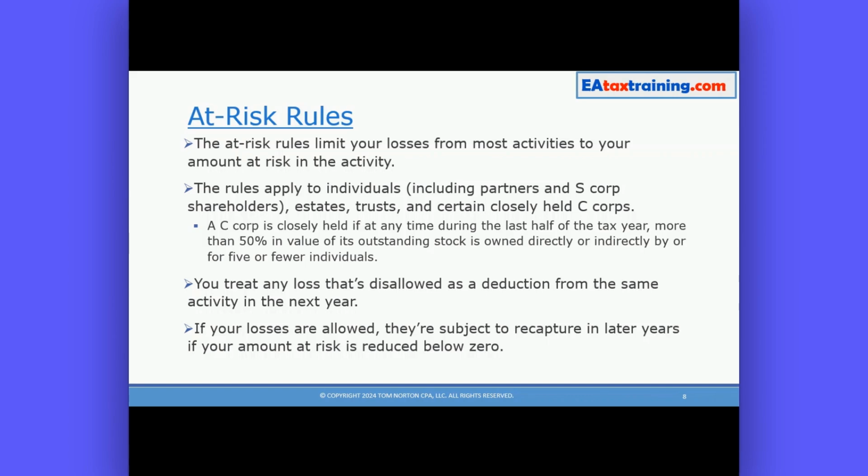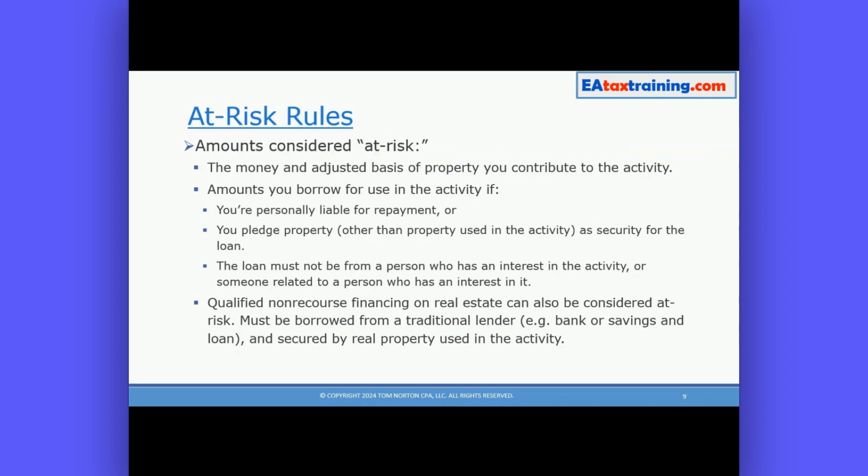But now, let's say next year, you have a loss and there's more loss than the amount that you have at risk. You could have to recapture some of those losses that you took the previous year, now that you have amounts that are not at risk. So it's similar to the depreciation recapture that we talked about before.